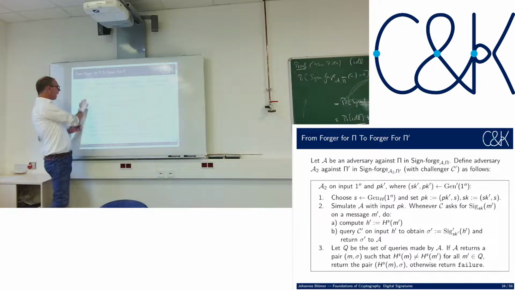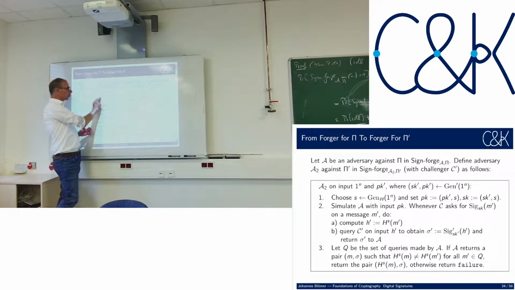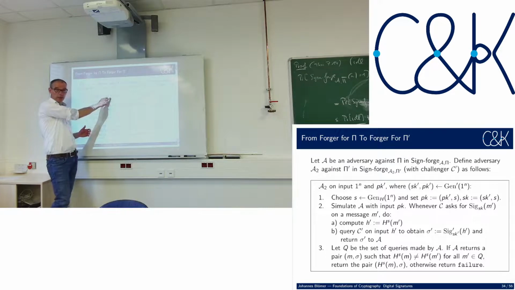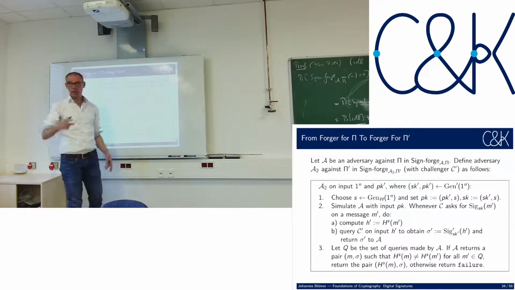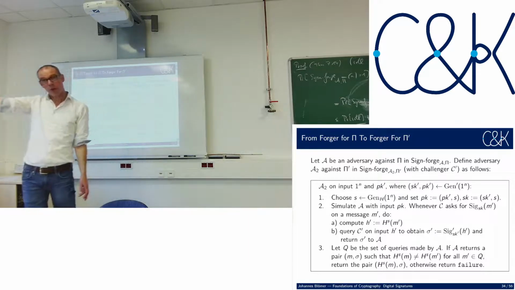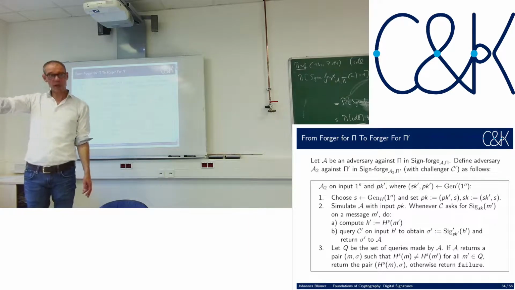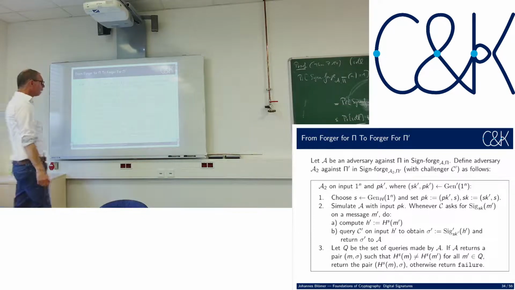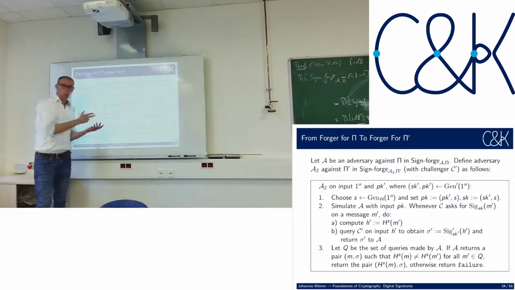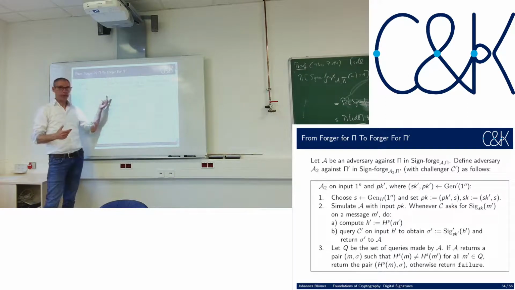So A2 gets 1 to the n, and it gets a public key PK prime, where SK prime, PK prime were generated using the key generation algorithm for pi prime, namely by its challenger. Now, again, here we get this PK prime.